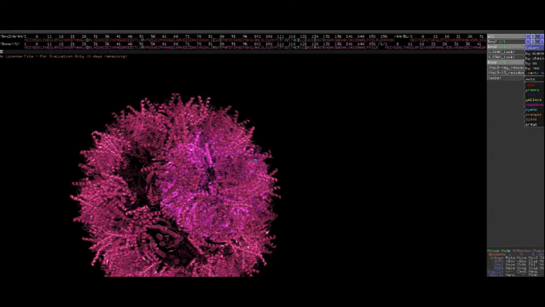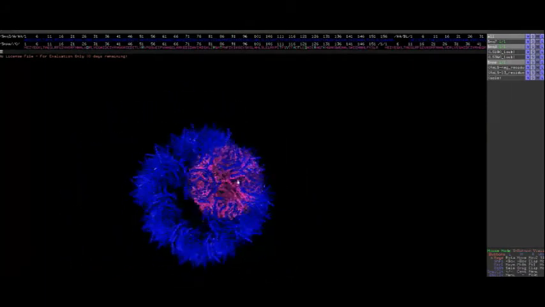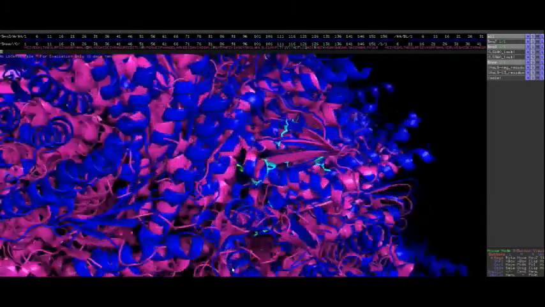I think I'm going to change the color on that so that it's easier to see. So yeah, I changed it to blue, so you can see that it creates this much larger structure here.